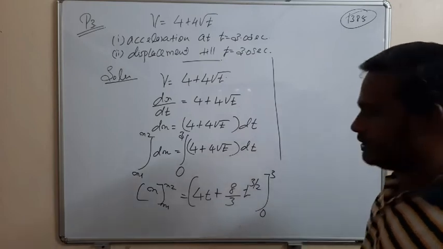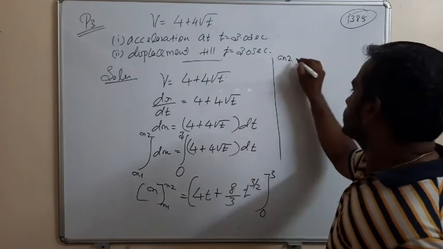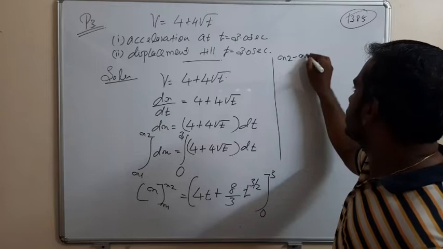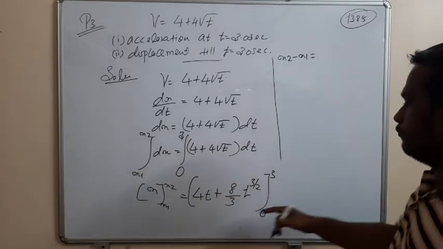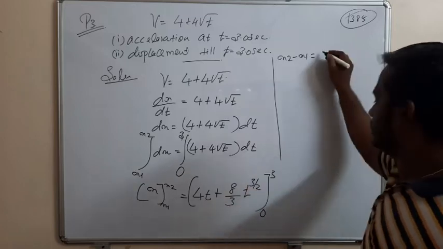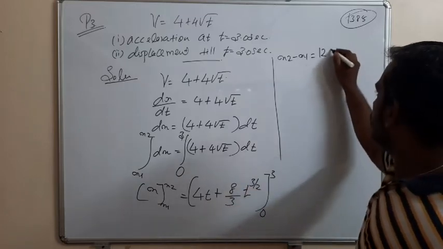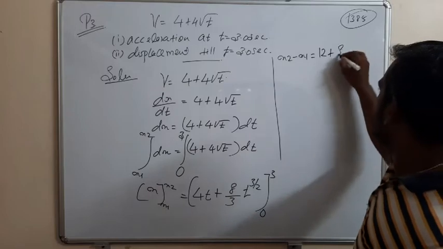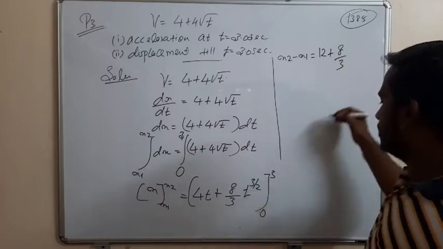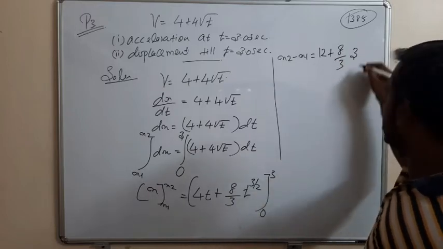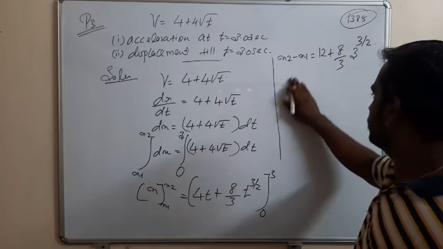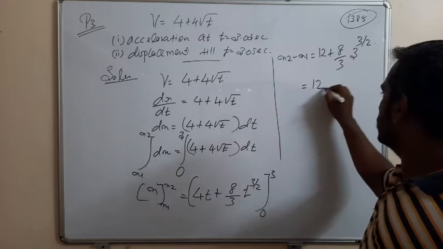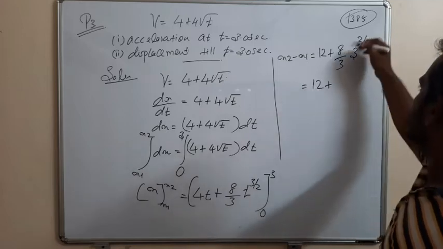So apply the limit. x2 minus x1 is equal to 12 plus 8 by 3 into 3 power 3 by 2.